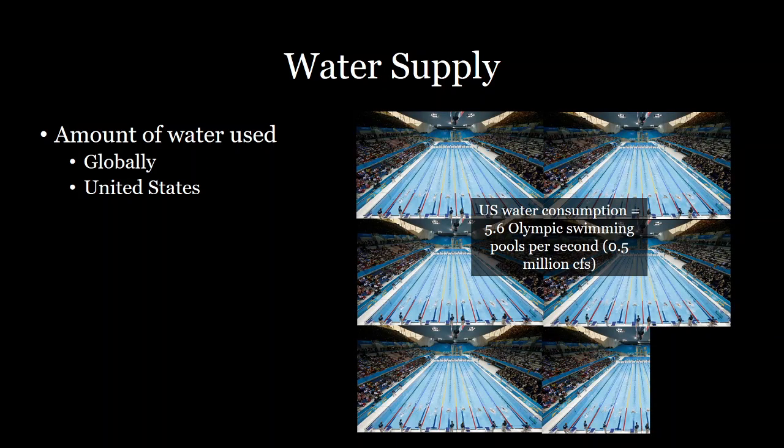To put that in perspective, the U.S. water consumption is equal to 5.6 Olympic-sized swimming pools every single second, or 500,000 cubic feet per second. So you can only imagine that we need to find a location where all this water is coming from and make sure that it's reliable.